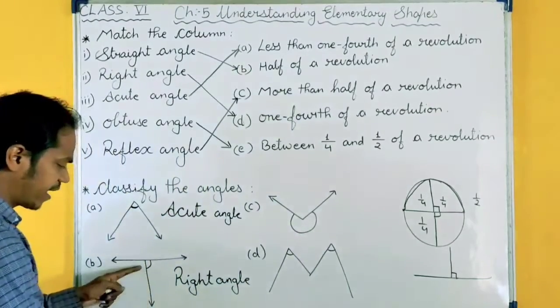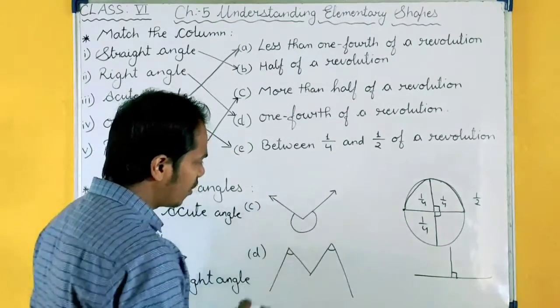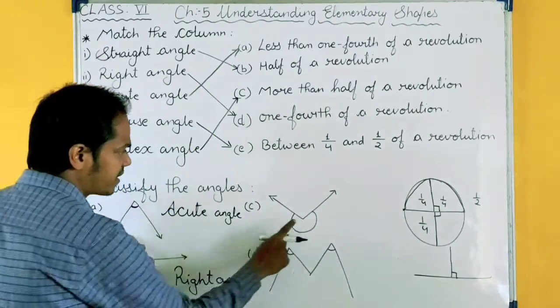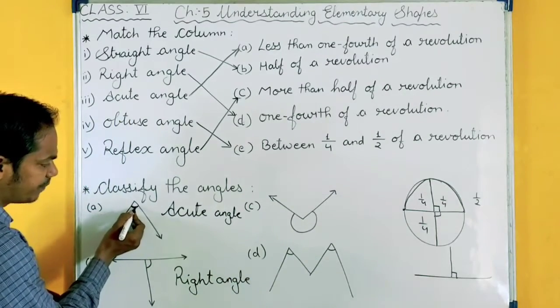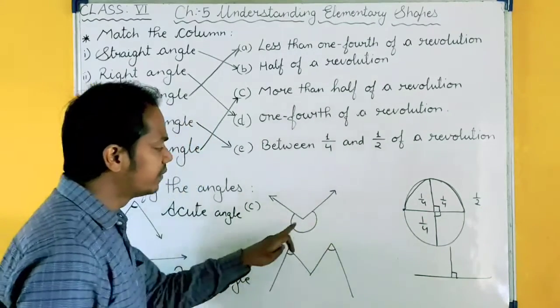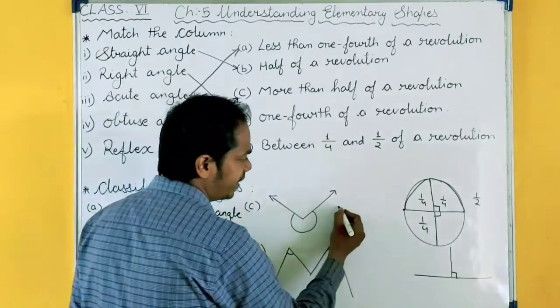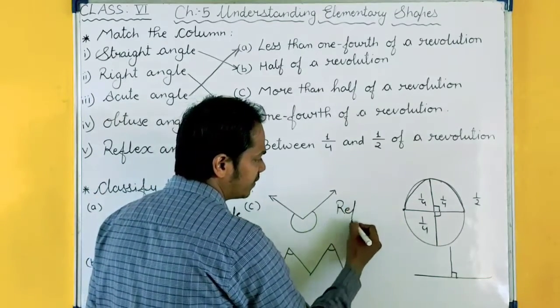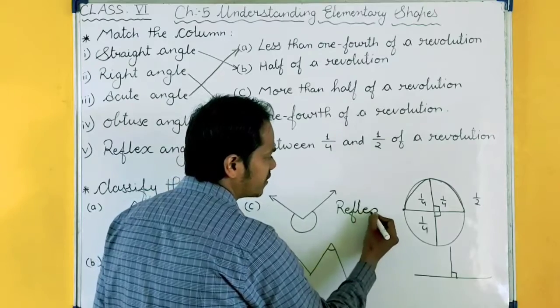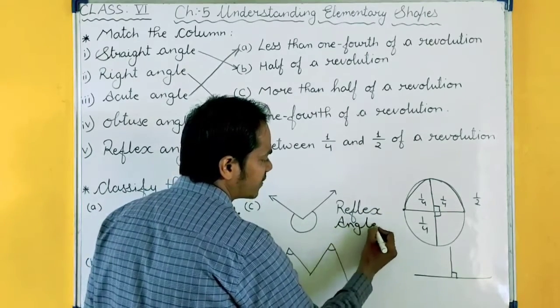Now see the difference between this and this. Here the angle is made from inside and here the angle is made from outside. This shows that this is a reflex angle, more than 180 degree but less than 360 degree.